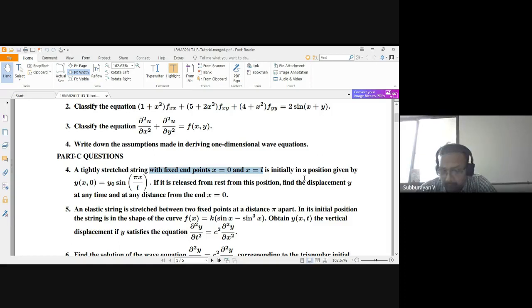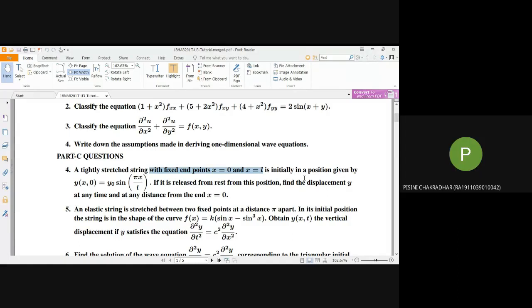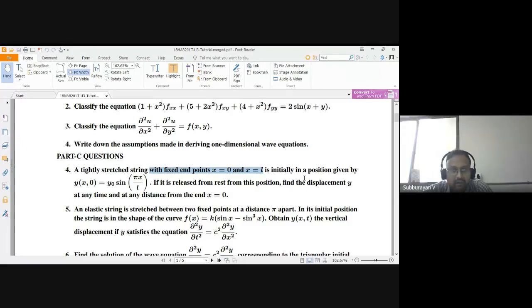So there are two possibilities, either B equal to 0 or sin lambda L equal to 0. If we assume that B equal to 0, the whole function will be the zero function, but we have a non-zero initial condition.